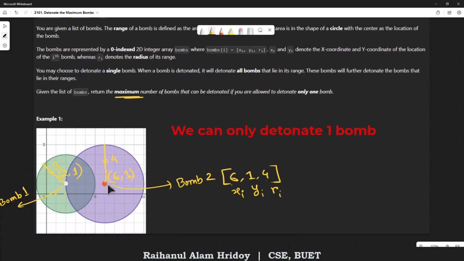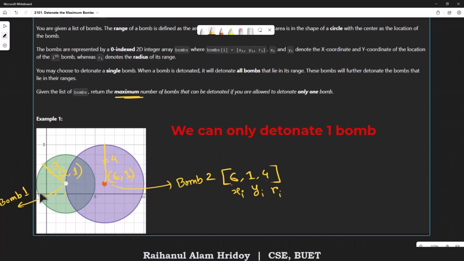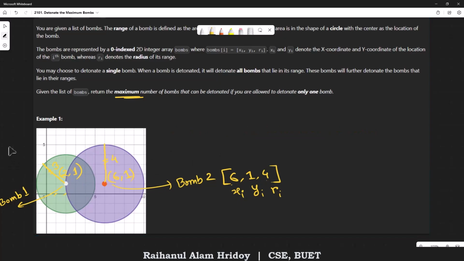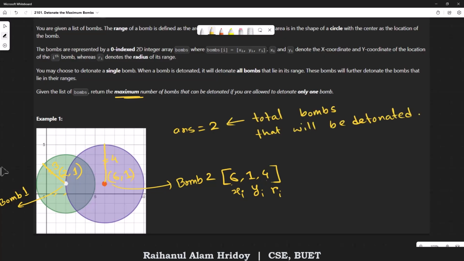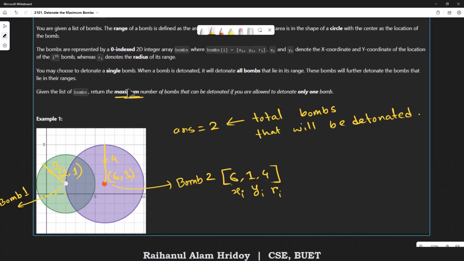But if we detonate bomb 2, this shock wave also detonates bomb 1 automatically. So we will have 2 bombs detonated. In this case, if we detonate bomb 2, the answer will be 2, the total number of bombs. It's stated as the maximum number of bombs.